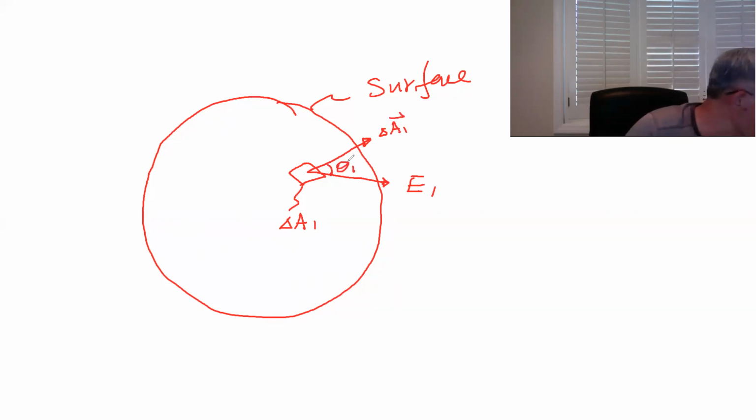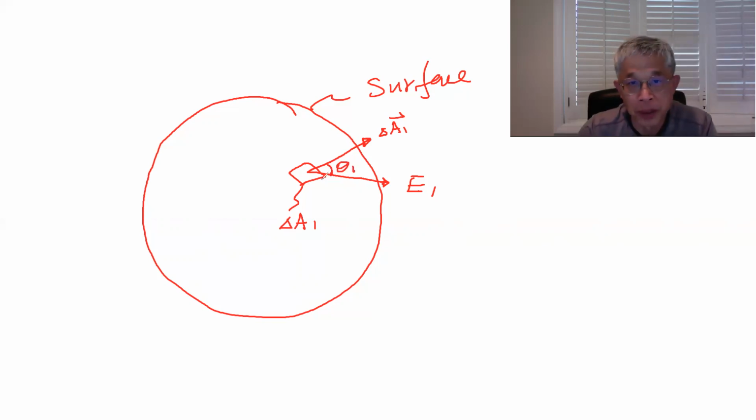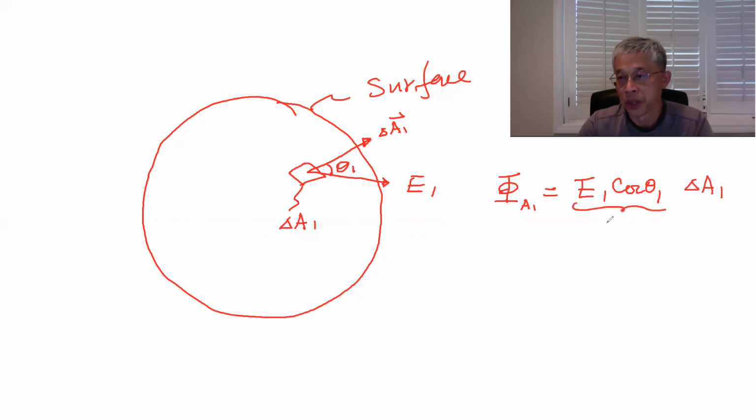Then the electric flux through this delta A1 is equal to E1 cosine theta 1 times delta A1. So this is your E1 perpendicular times delta A1.